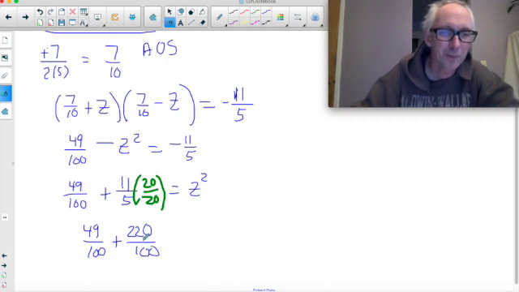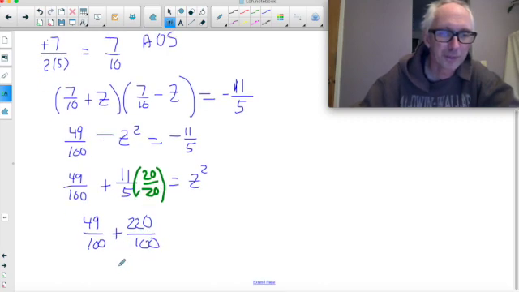And 5 times 20 is 100. That's why we use a common denominator. And that's z squared. All right, and 49 plus 220 will give us 269 over 100 equals z squared.